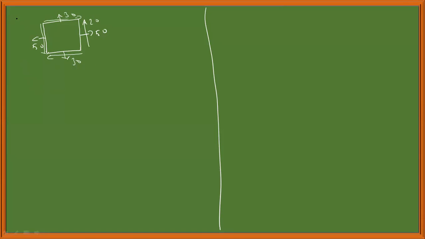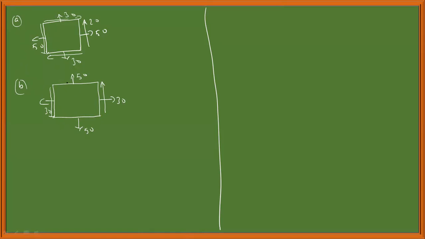Assume this is case A, this is case B. For my graphical method and my analytical method to be compatible with the sign convention, I'll be using two thumb rules.